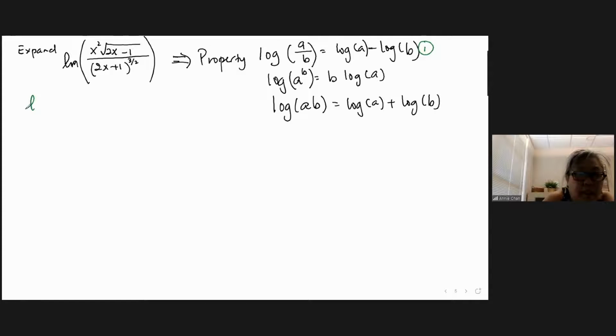So it will be natural log of x squared times the square root of 2x minus 1. Sometimes I get parentheses happy and I put parentheses around everything. Minus natural log of 2x plus 1 to the power of 3 over 2. Then what?